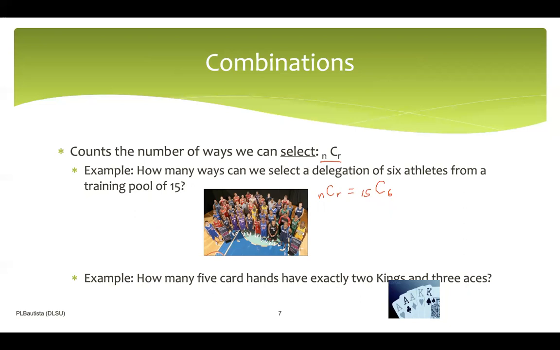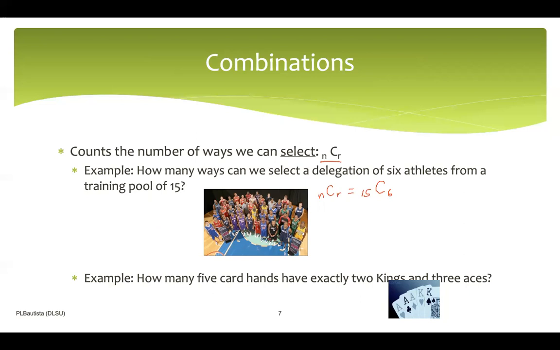So the number of ways we can select is 15 combination 6, or sometimes we say 15 taken 6. Notice also when we choose the 6 athletes, it doesn't matter in what order they are chosen. We're just counting how many groups of 6 athletes we can form.